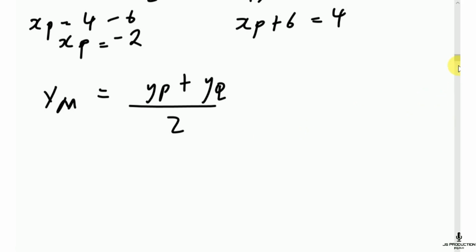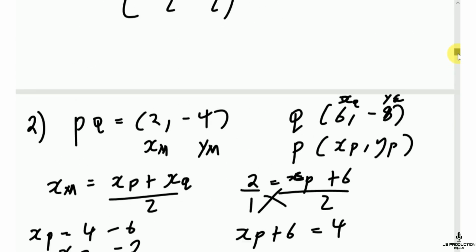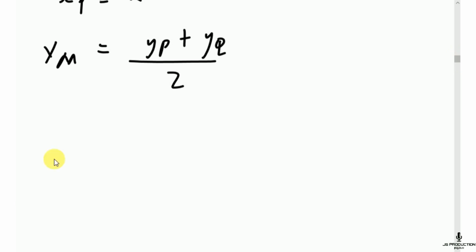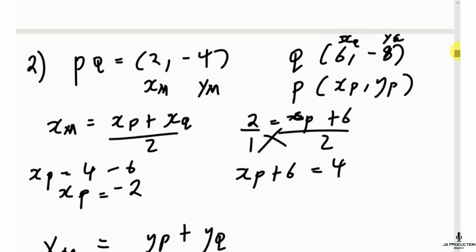We know that our ym is negative 4. Negative 4 is equal to yp, the y coordinate of p that we are trying to calculate, plus yq, and we know yq is negative 8.